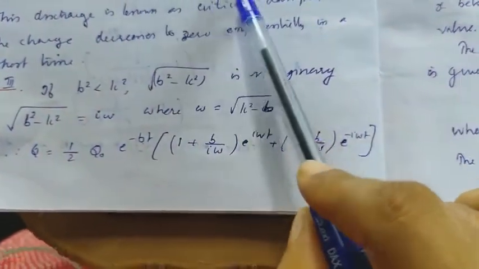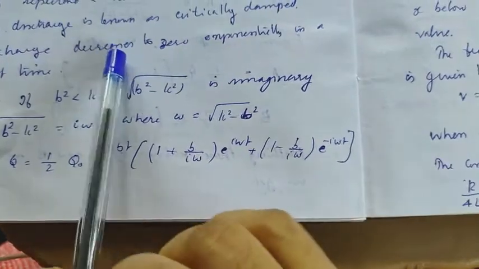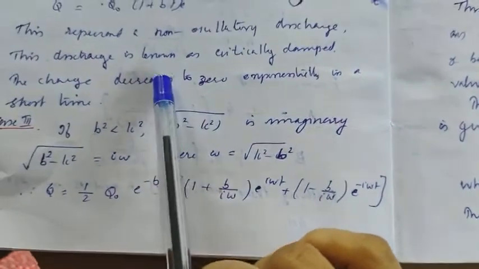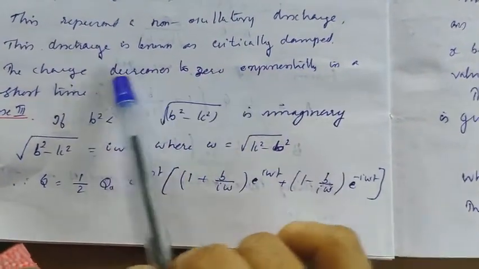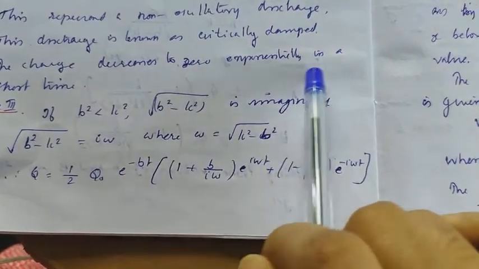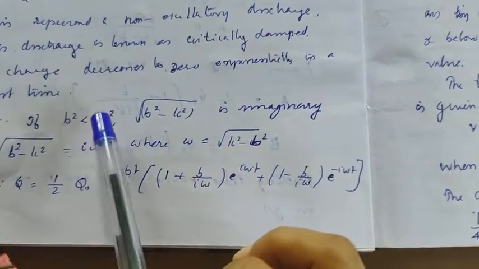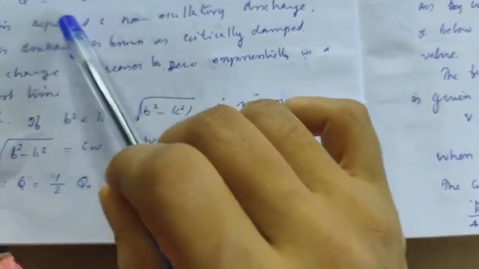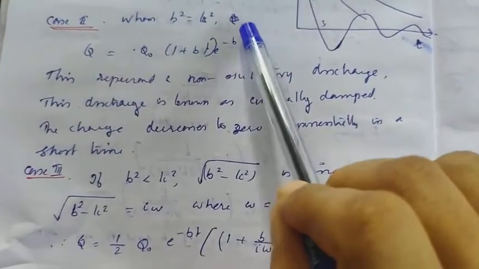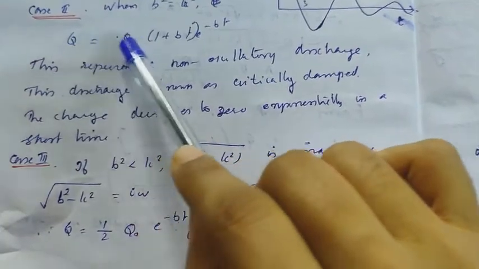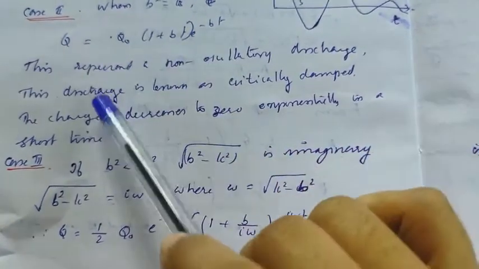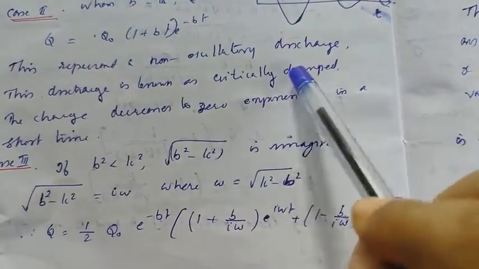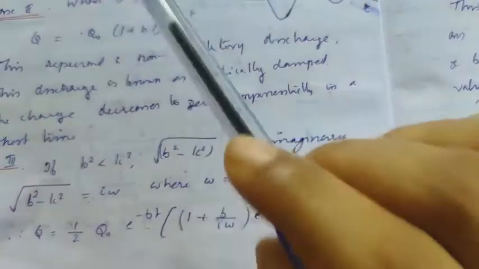This represents a non-oscillatory discharge, known as critically damped. The charge decreases to 0 exponentially in a very short time interval, very fast. So this is the critically damped case, the second case.